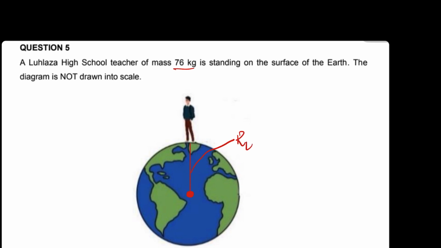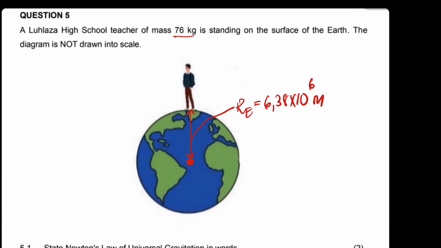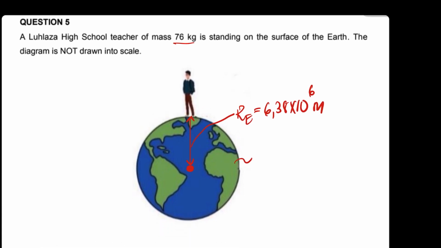The radius of the Earth is a constant, 6.38 times 10 to the power 6 meters. And then there's the mass of the Earth, which is 5.98 times 10 to the power 24 kilograms.